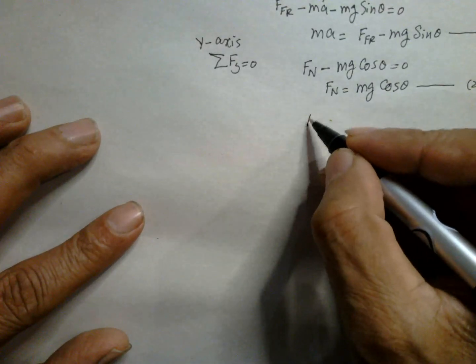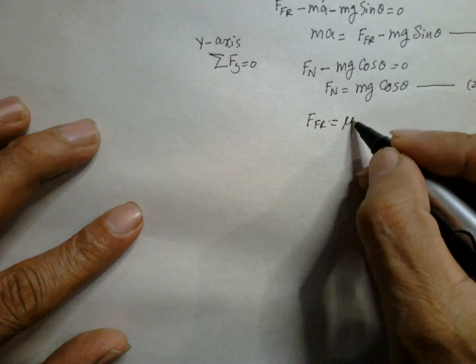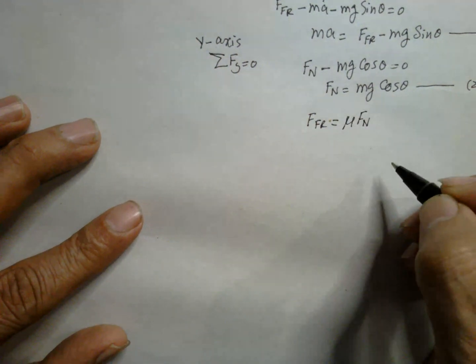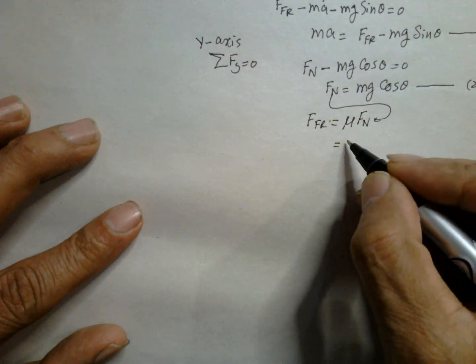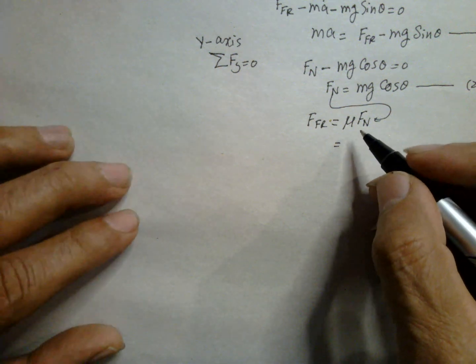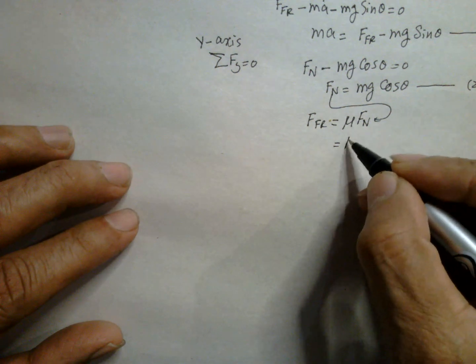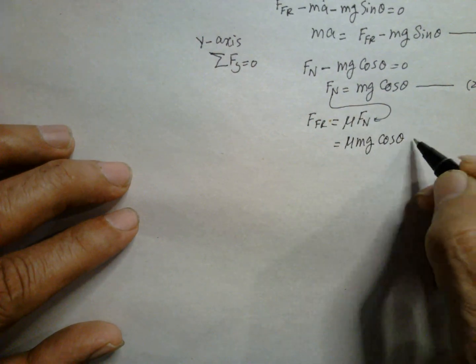But friction force is equal to nu times Fn. So the Fn is this one. So this is equal to nu mg into cosine of theta.